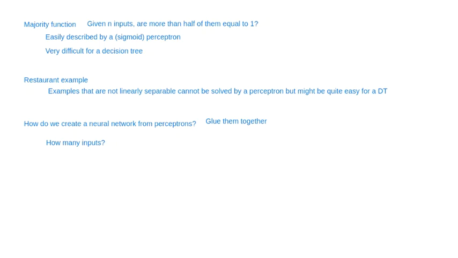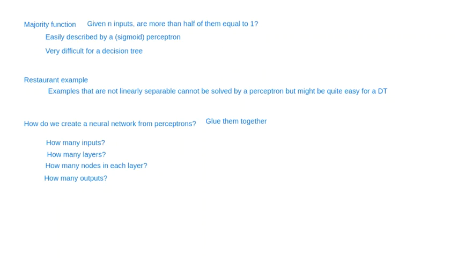How many layers do we need? How many nodes in each layer? How many outputs?